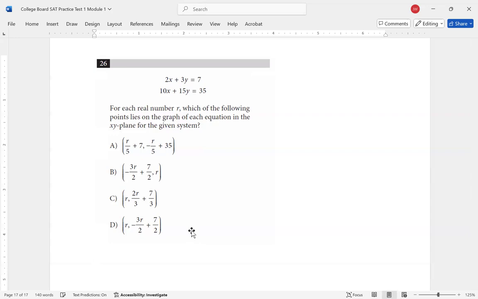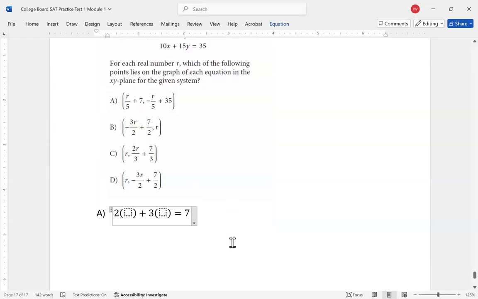So I am going to take and plug in each of my options into this first equation and see if they give me a true statement. So for part A, actually, let me do it this way. We'll do this for A, B, and C, and D, I guess.